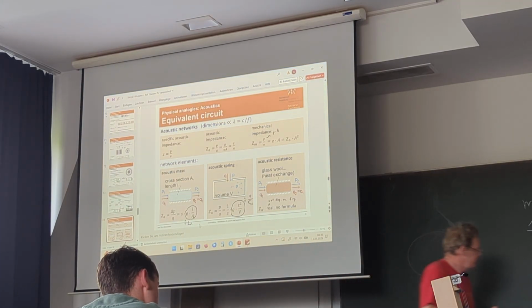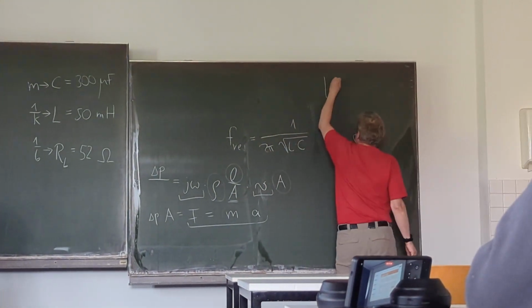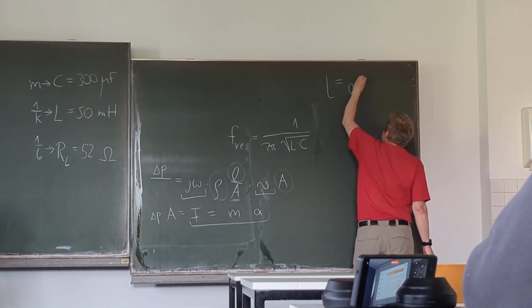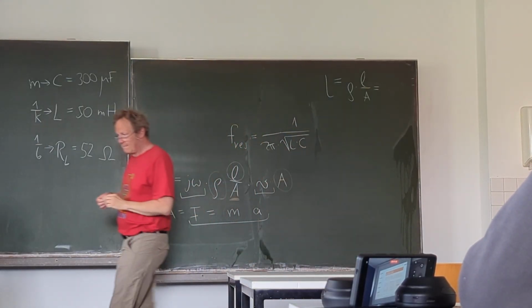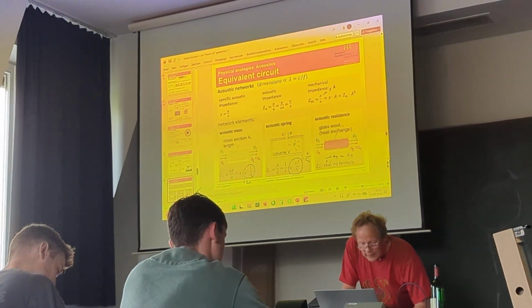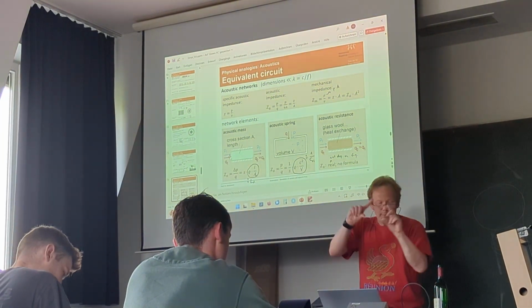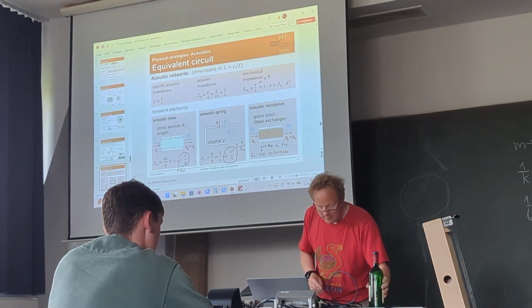So L equals rho times L divided by A, and the pipe here is the neck of the bottle.